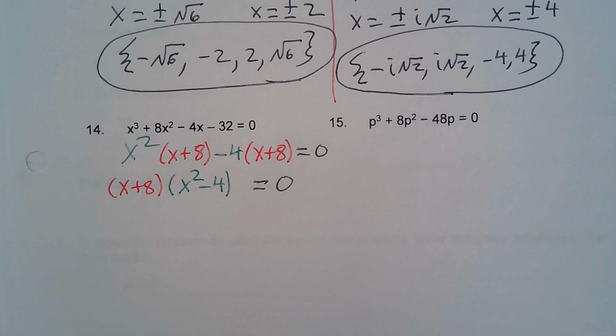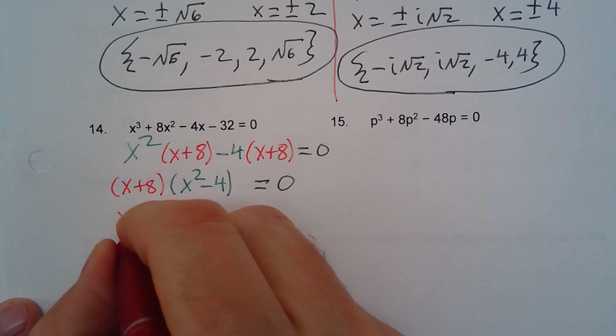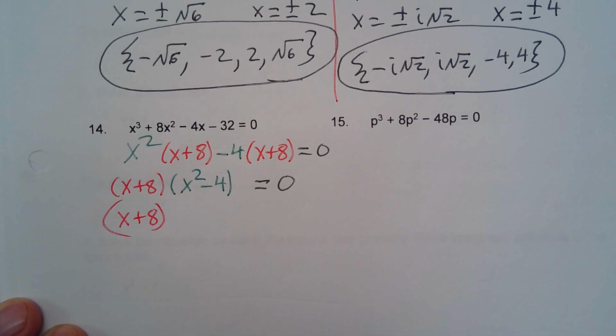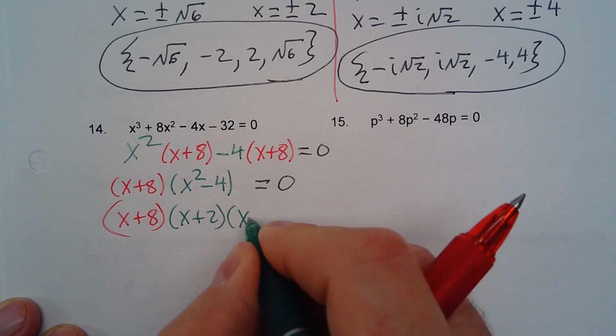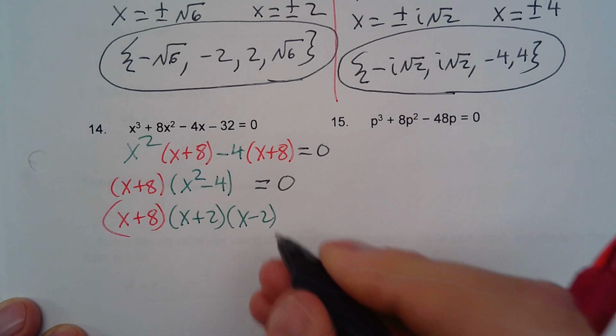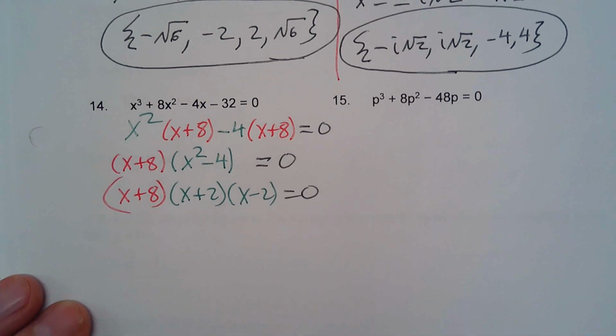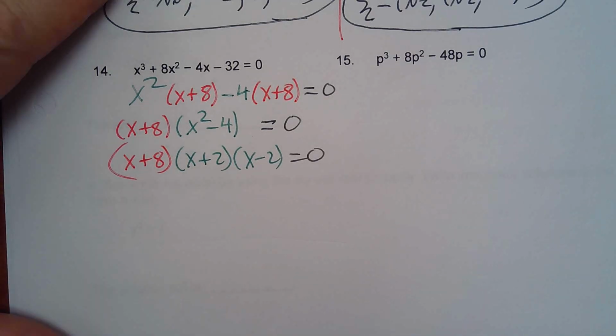But now x squared minus 4, well, that is a difference of squares. So we'll get x plus 2 times x minus 2. And then we're going to set each factor equal to 0 and solve.